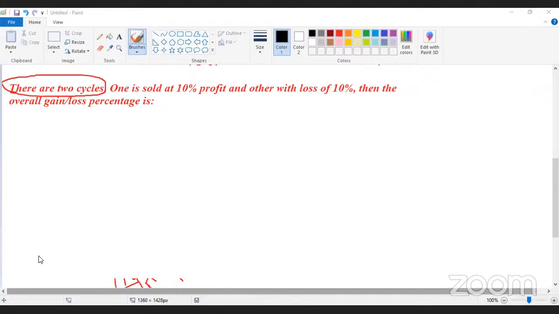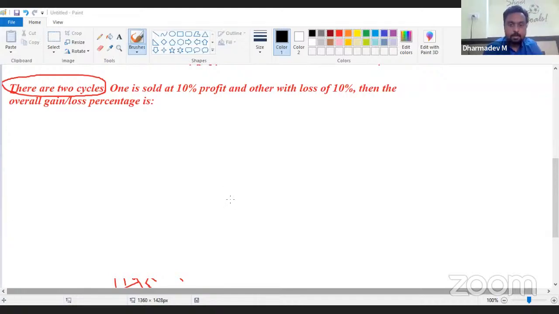That was good. There is no profit. There is no loss. What he gave, he is getting it back. Okay, let me solve it. So there are 2 cycles.